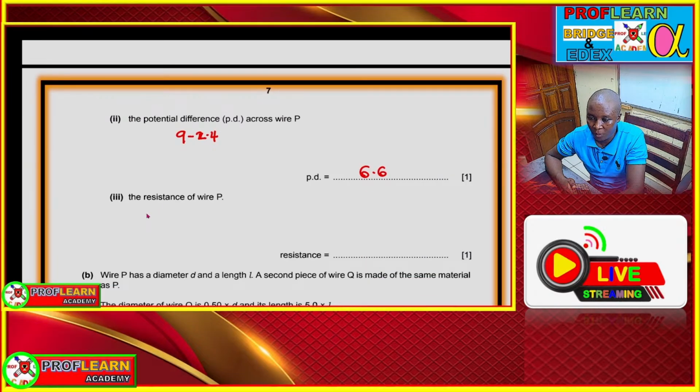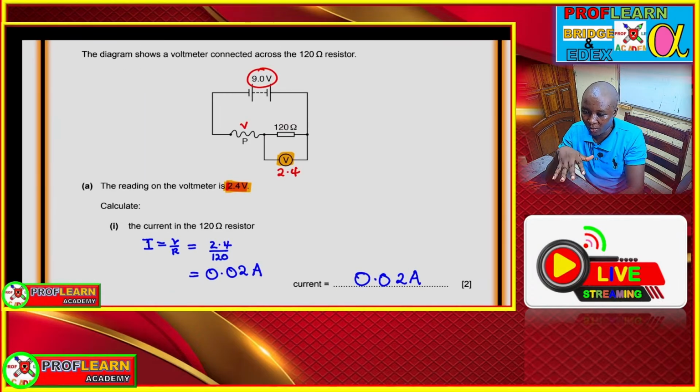Resistance of P will be voltage over current. Of voltage, of course, we have 6.6, and then now we need the current. But if you look at this, we have already gotten the current across the 120 ohm resistor, and this is basically a series circuit, so meaning current is the same everywhere.